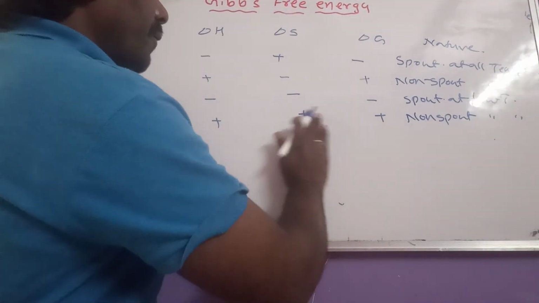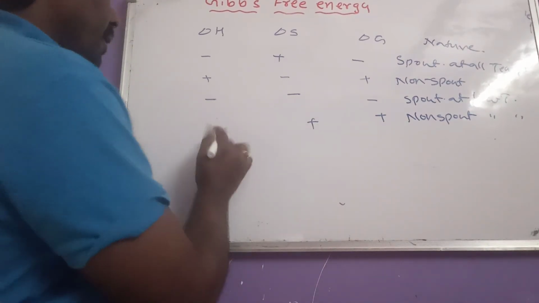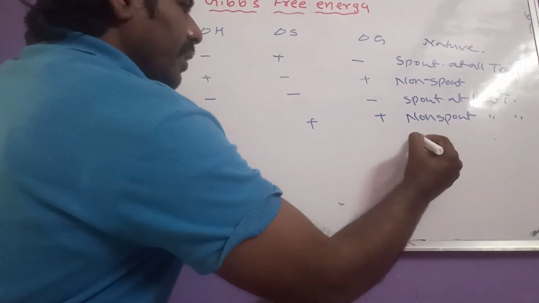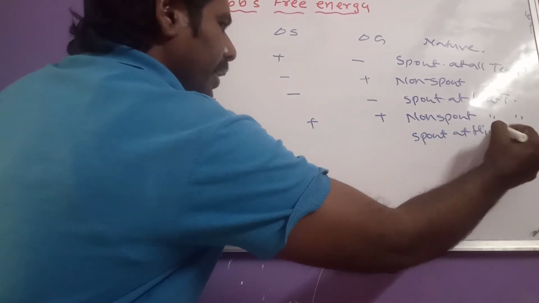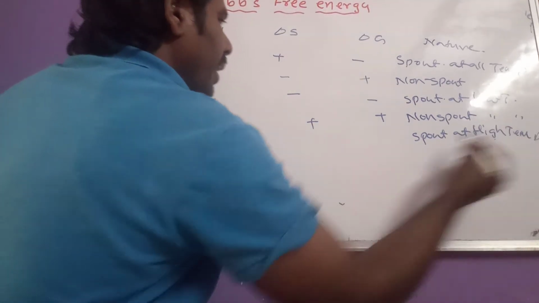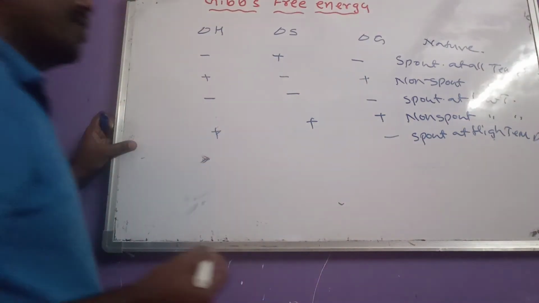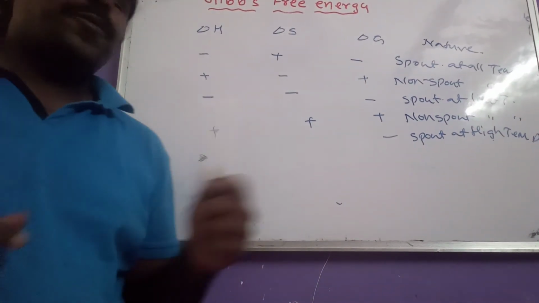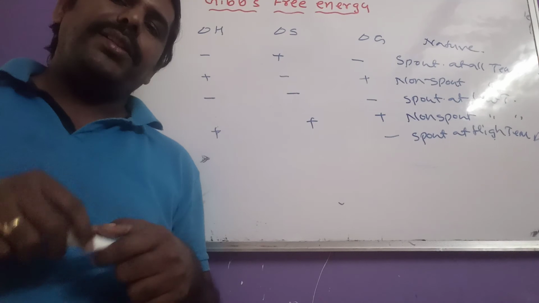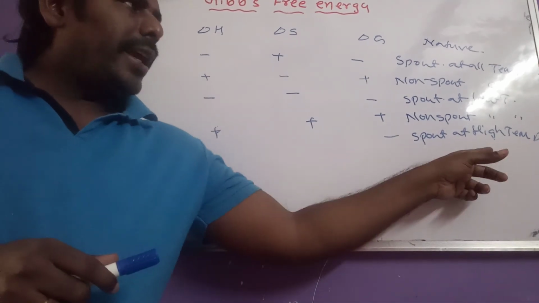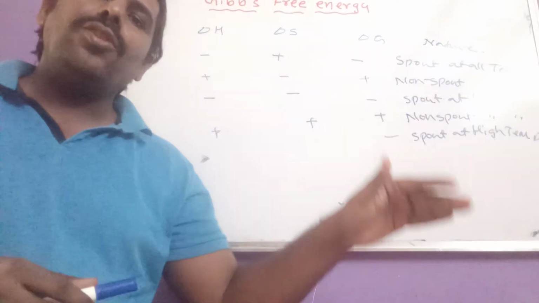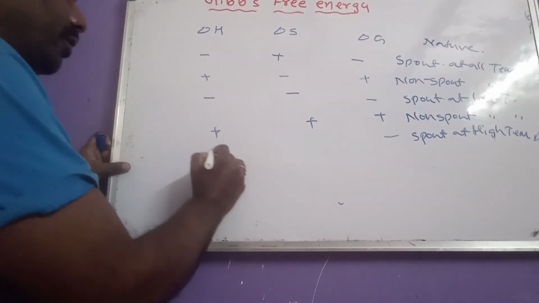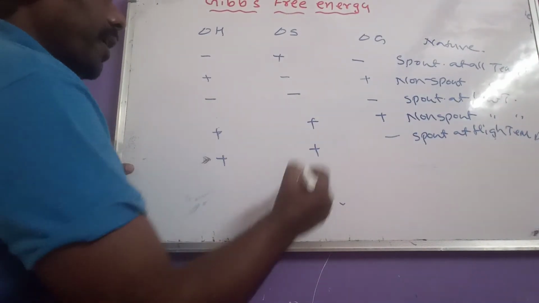Then spontaneous at high temperatures. Spontaneous means we write a negative sign for delta G, and spontaneous at high temperatures means the reaction needs high temperature, so it must be endothermic. So delta H is plus, and delta S is also plus.